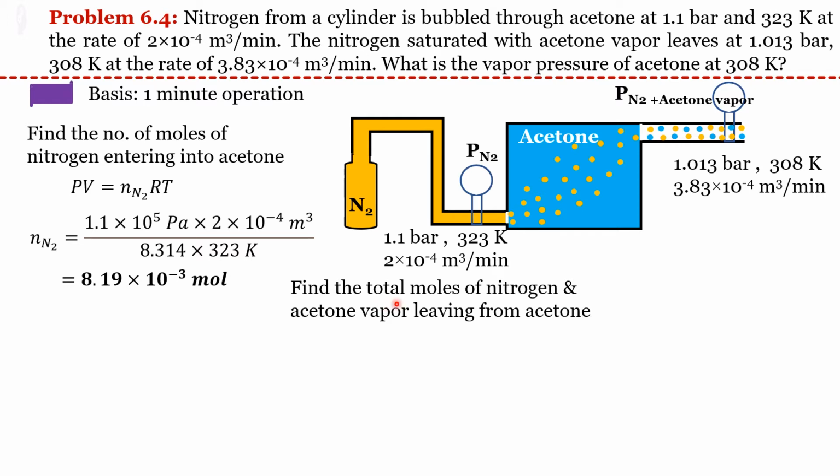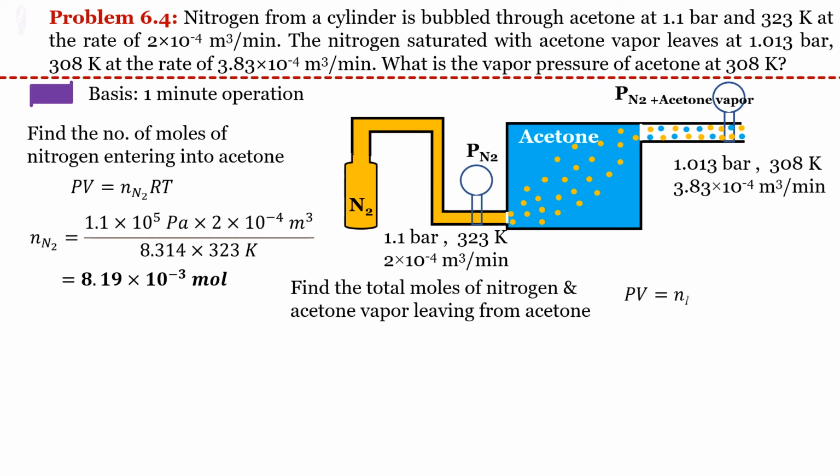Now we have to find the total moles of nitrogen and acetone vapor leaving the acetone. Here the total pressure is given, the temperature is given and the volume is given.